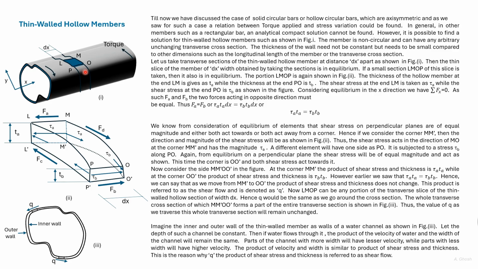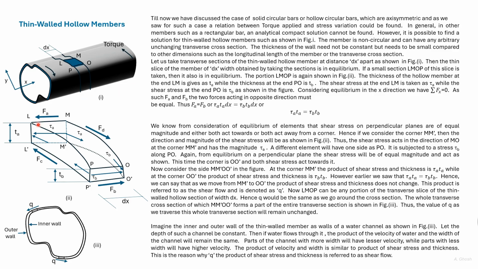The narrow portion between the two cross-sections will be in equilibrium, and also the portion LMOP will be in equilibrium. A magnified diagram of the portion is given here. This diagram is three-dimensional, and LM and OP coincide with the x direction.